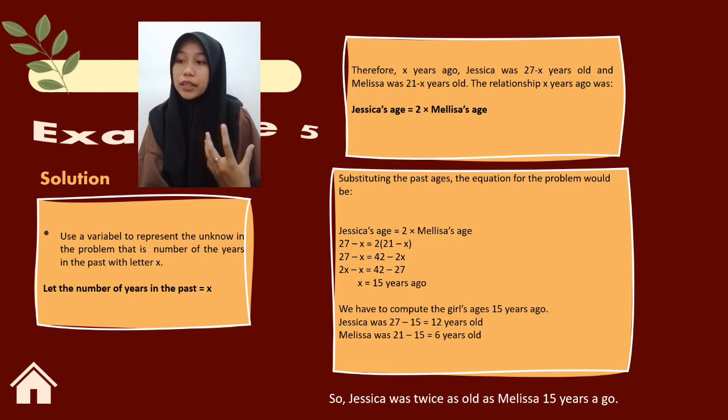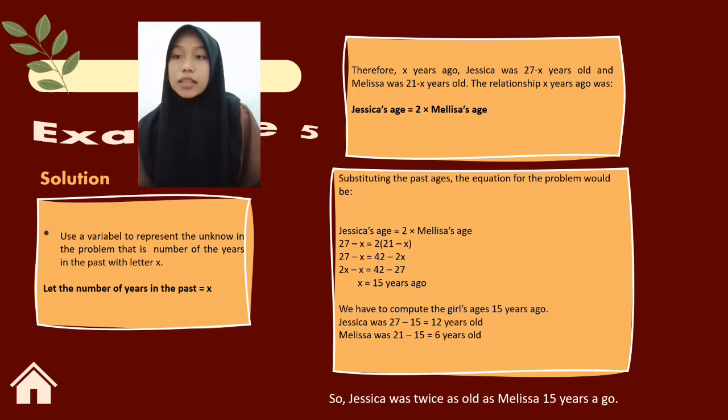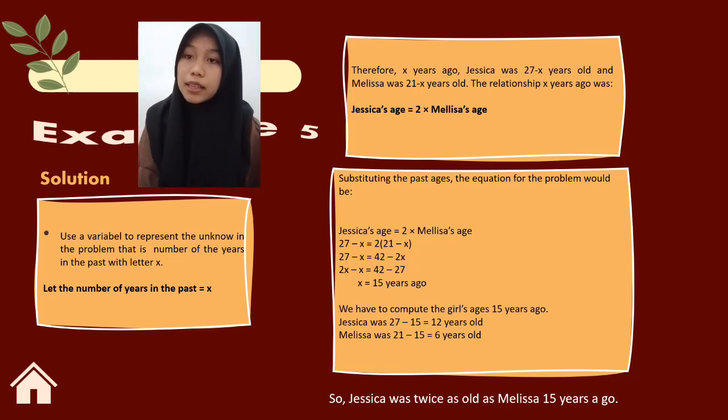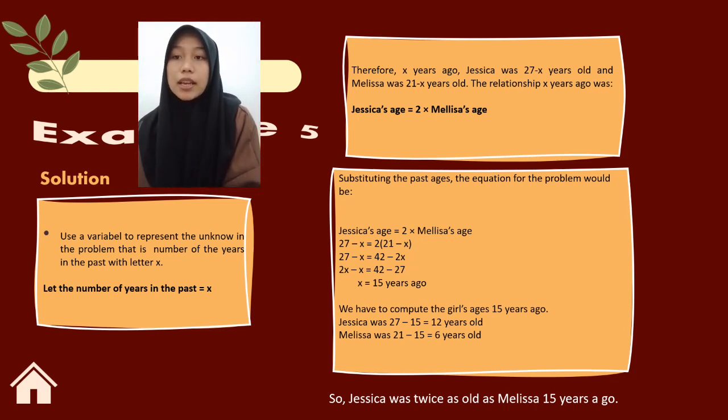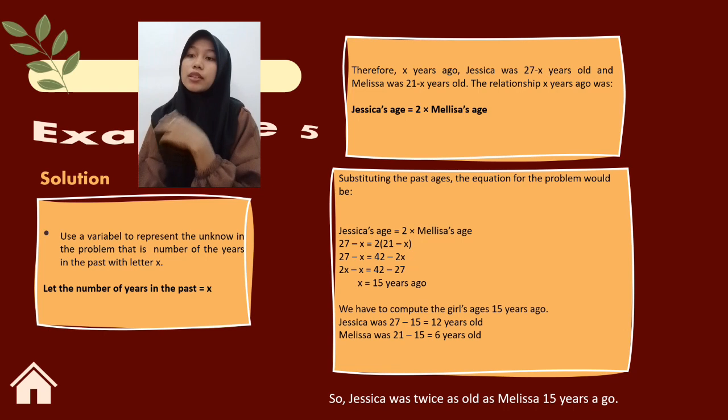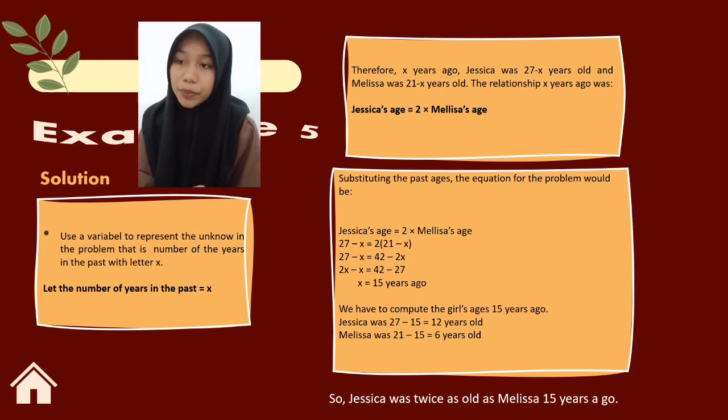Let the number of years in the past equal x. Therefore, x years ago, Jessica was 27 minus x years old and Melissa was 21 minus x years old. The relationship x years ago was Jessica's age equals 2 times Melissa's age.